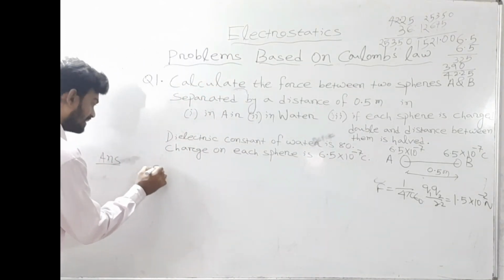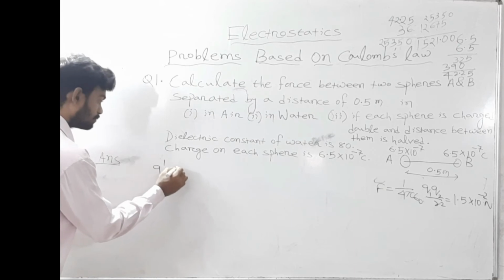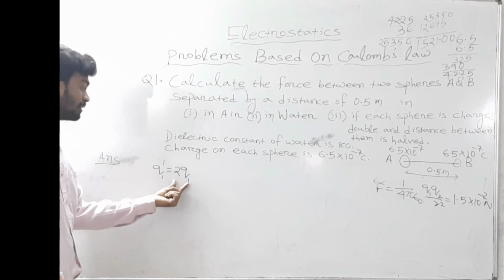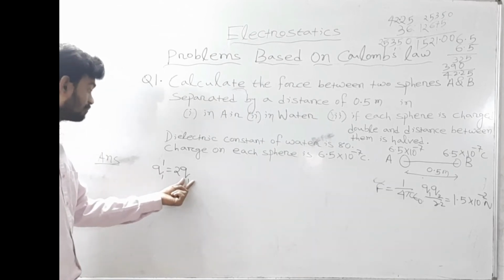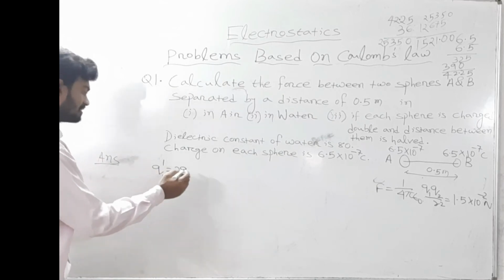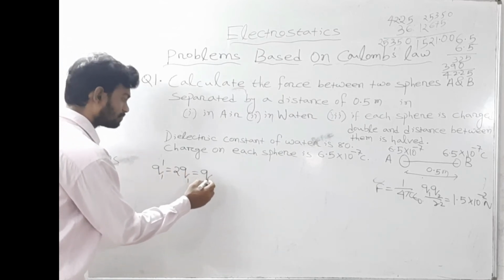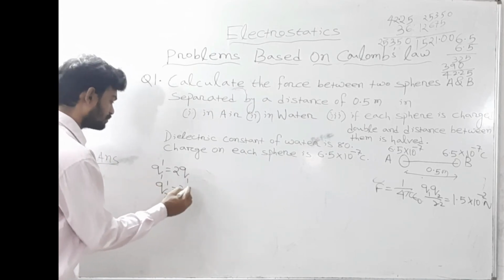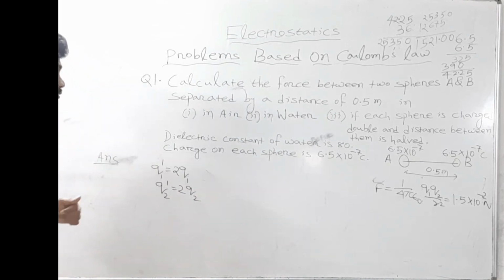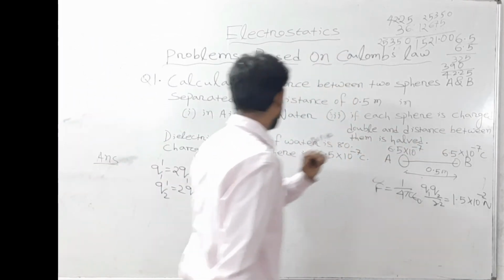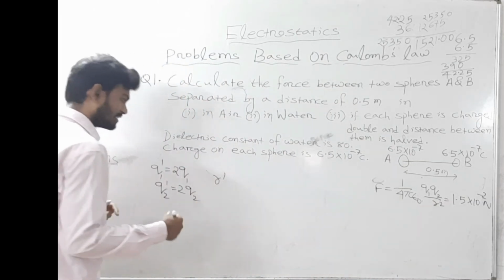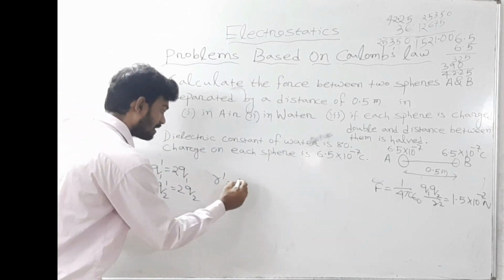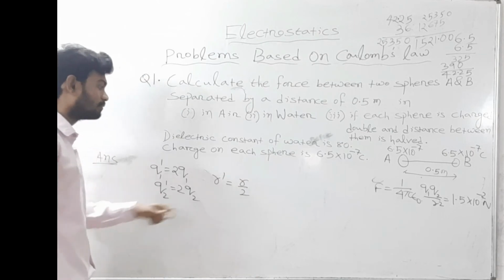So we can write q1 dash is equal to 2q1, and similarly q2 dash is equal to 2q2. The new distance becomes half of the previous distance, that is r by 2.